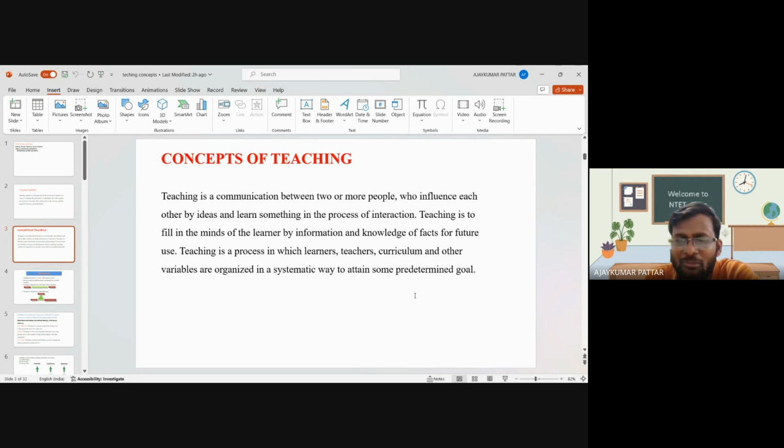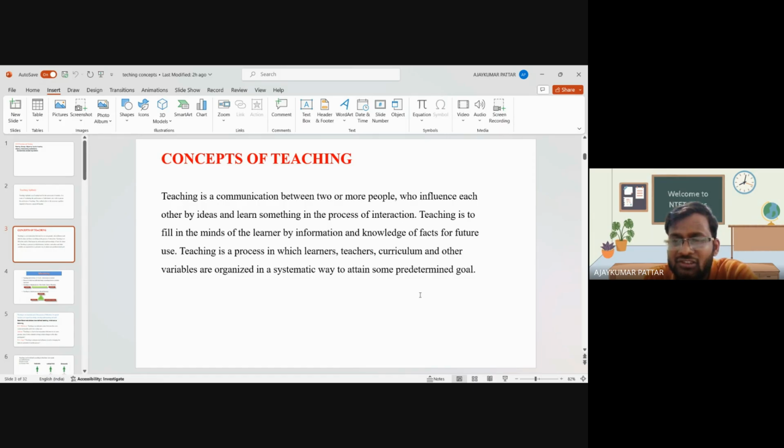What are the predetermined goals? Before conducting any class or any subject, they have a predetermined goal. That is, if I have to deliver this topic, at the end of this class the learner should be able to represent, memorize, and other outcomes.